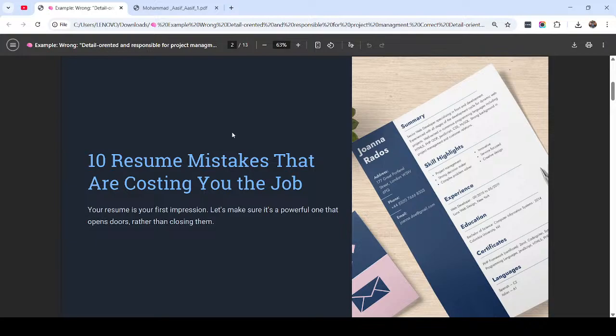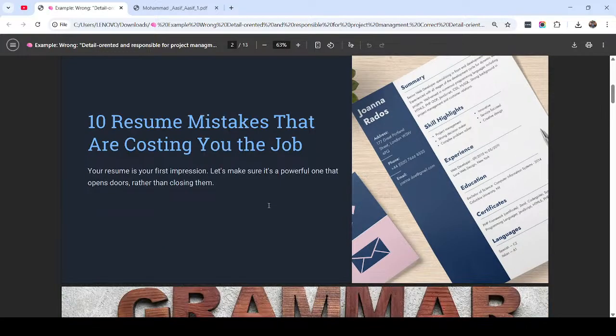Before starting this resume reviewing, I just want to let you know a few things. After skimming so many resumes, I have noticed the common mistakes everyone is making. So I wanted to first discuss that, and then we can move on to the resume reviewing.